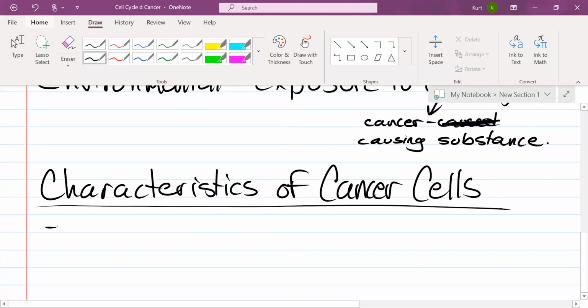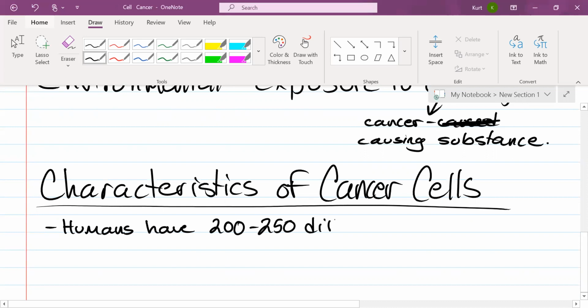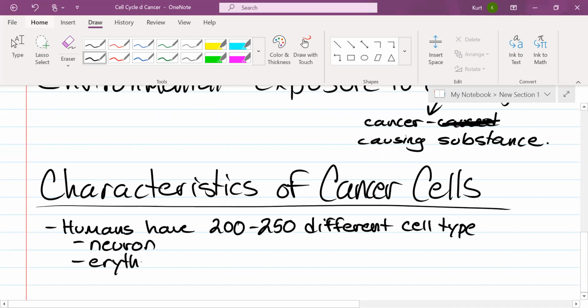Now, we as humans have about 200 to 250 different cell types. What do you call a cell in your nervous system, like your brain or your spinal cord? A neuron, that's right. You call a red blood cell an erythrocyte.